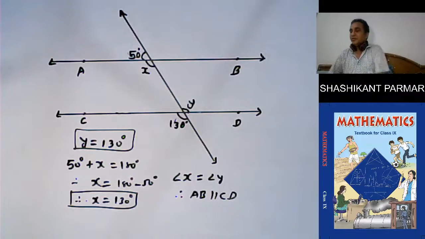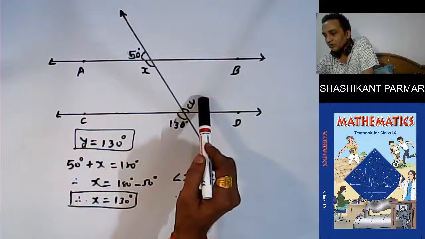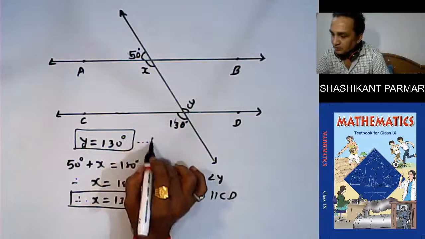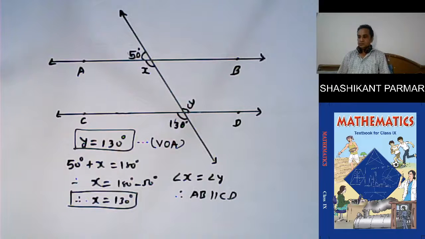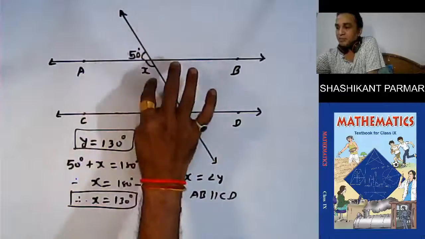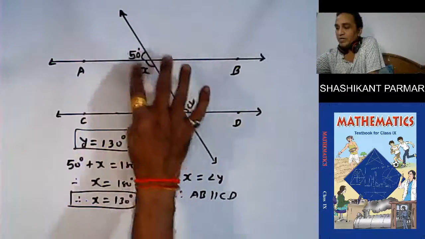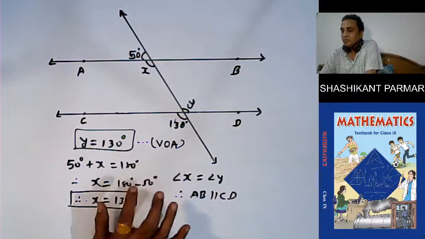Again, let me repeat it. This is vertical opposite angle, so this is 130, therefore Y is equal to 130. Vertical opposite angles. And this is linear pair of angles. So the sum of linear pair of angles is 180.